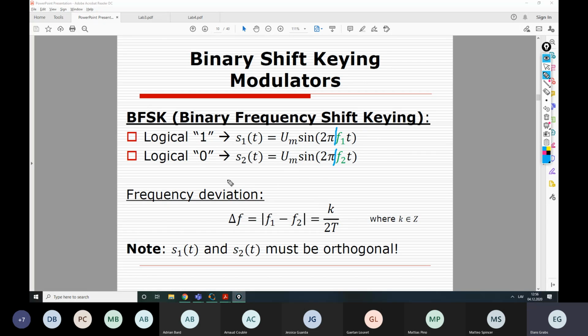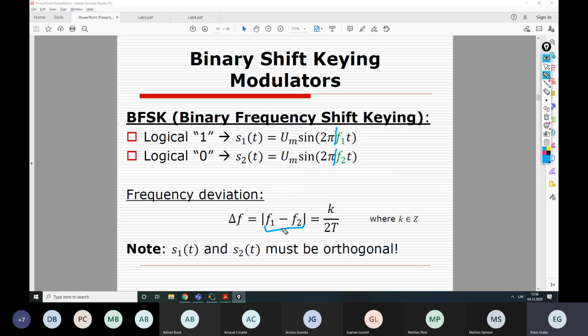However, here you need to select frequencies carefully, right? You need to provide the orthogonality property for these 2 frequencies. We have talked about that before: what are orthogonal signals? And here, in order to provide the maximum distance between these 2 signals, which is important for receiving and the error count, we need to have these signals orthogonal.